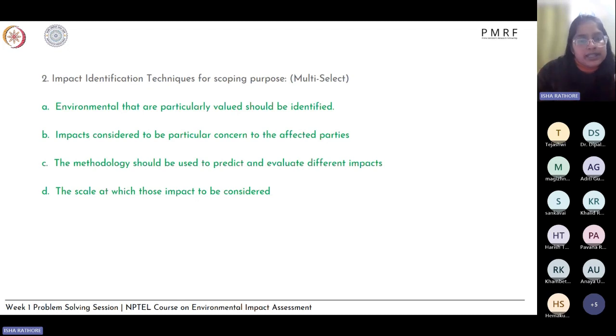Is it a permanent impact, temporary impact? The methodology should predict this and evaluate the different impacts which we have identified. So C is also considered, and then the scale of this impact is also considered: long-term, short-term, permanent, all of those scales. So all four things are considered in the impact identification techniques for scoping.